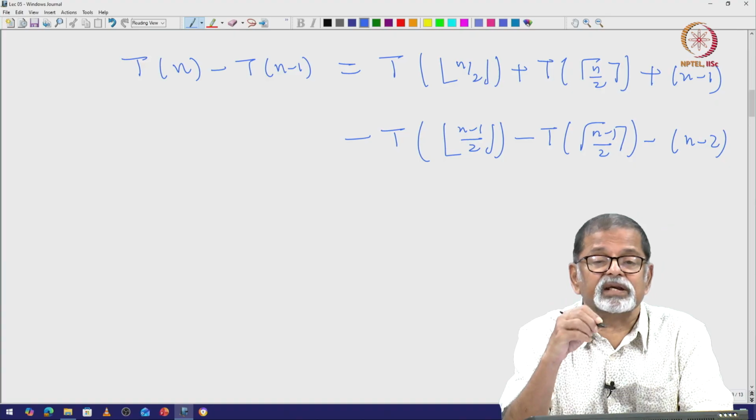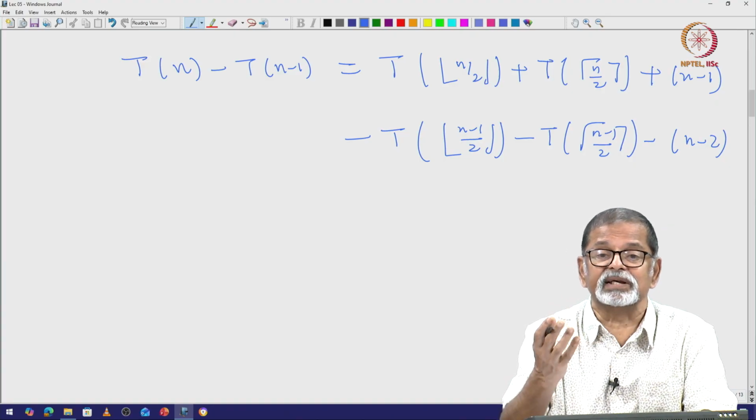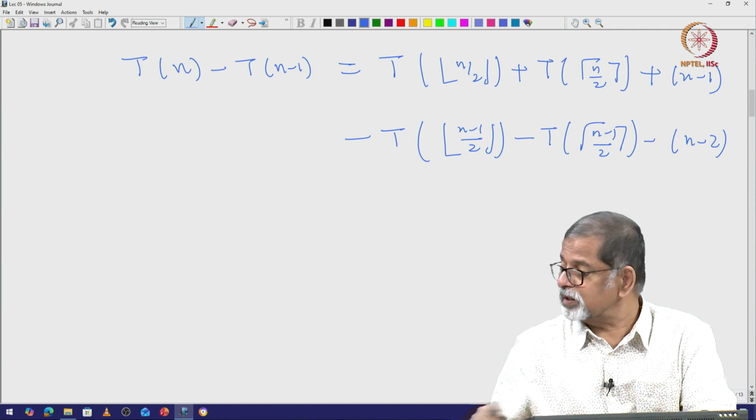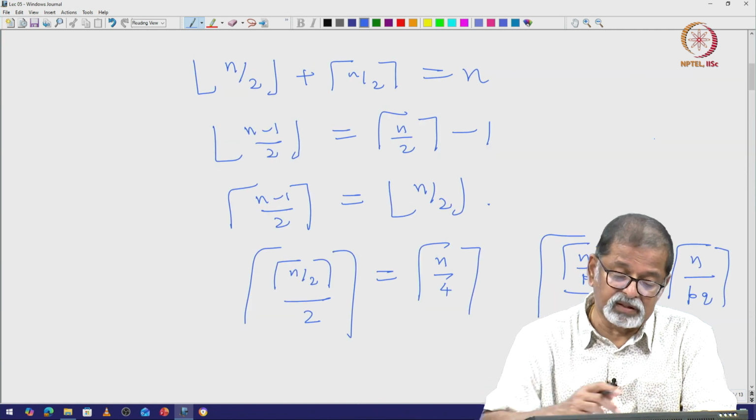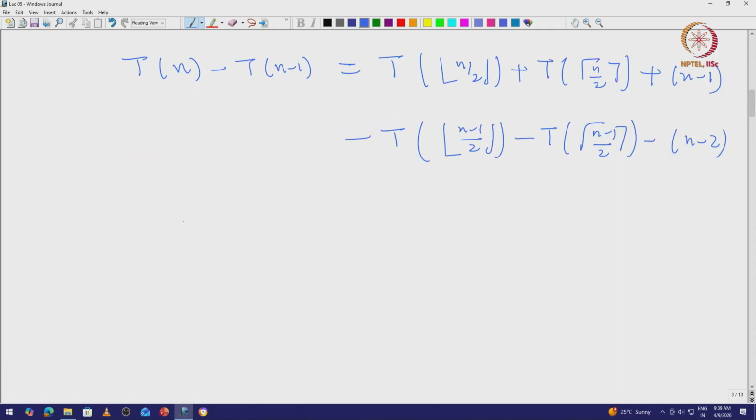We have just now seen the properties of floor((n-1)/2) and ceil((n-1)/2). If you look at the previous one, here you can see the floor((n-1)/2) and ceil((n-1)/2). Ceil((n-1)/2) is same as floor(n/2). So, you can see that these two are same and then they cancel.